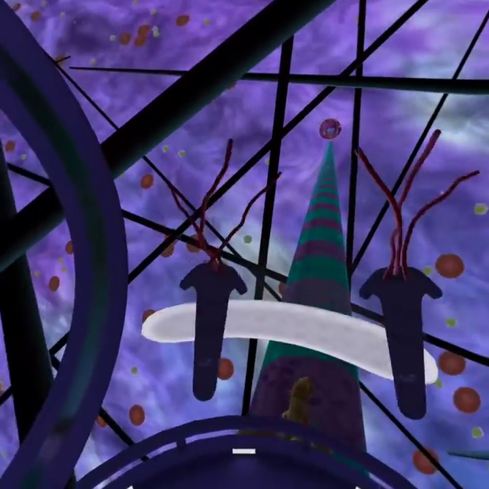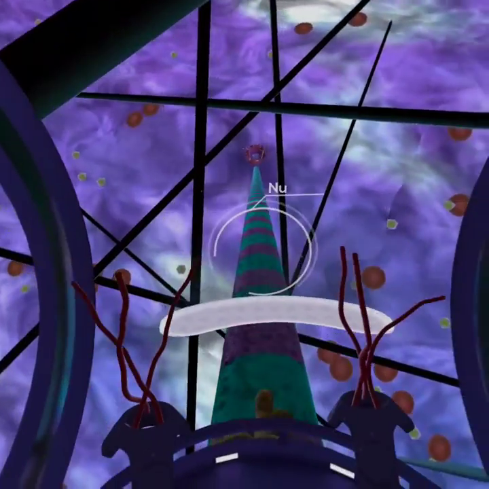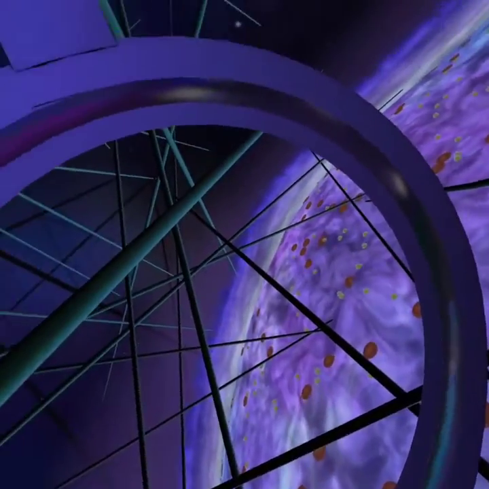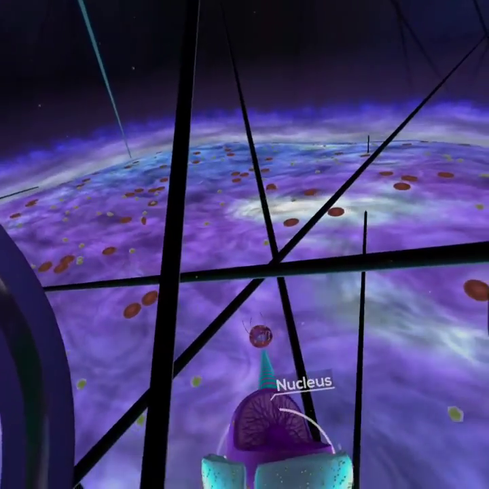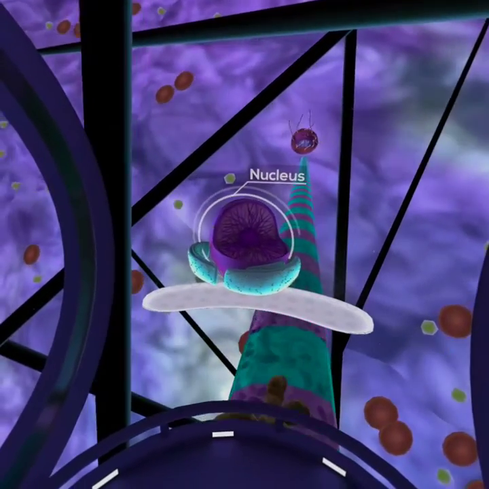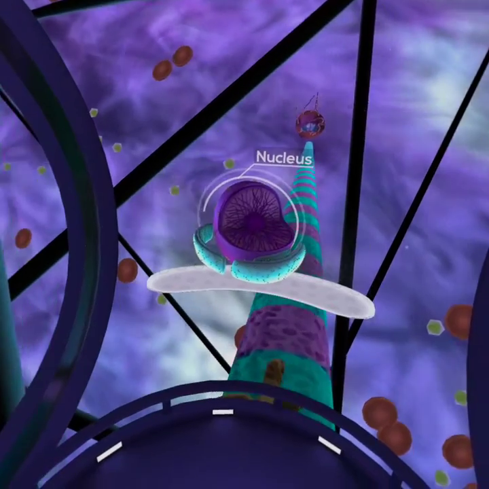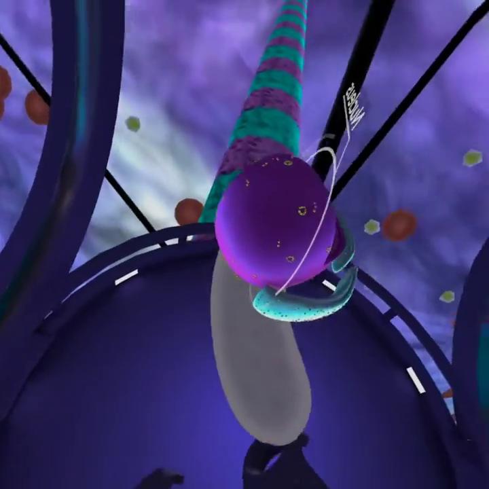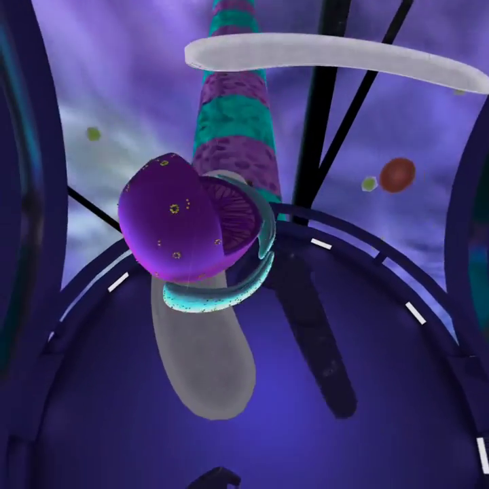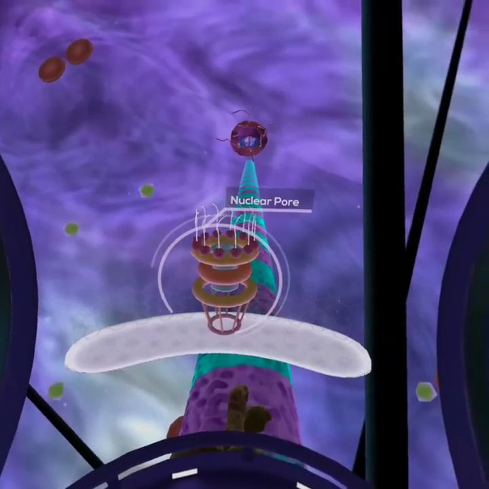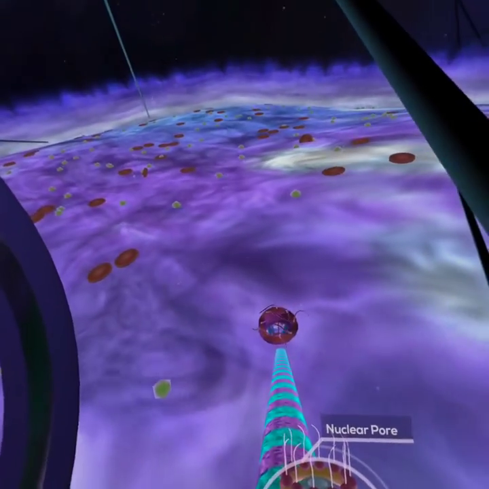The surface of the nucleus has its own membrane, similar to that of the cell. Pores are spread around the surface of the nucleus to allow entry and exit of larger molecules.